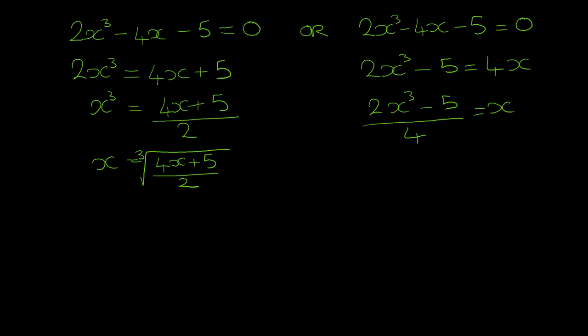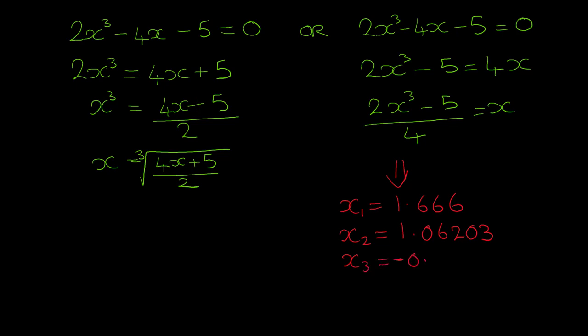If you try that formula, starting with x0 equals 1.8 again, you'll find that it doesn't converge. x1 is 1.666, x2 equals 1.06203, x3 equals minus 0.65105, x4 equals minus 1.38797. So you can see they're all over the place.